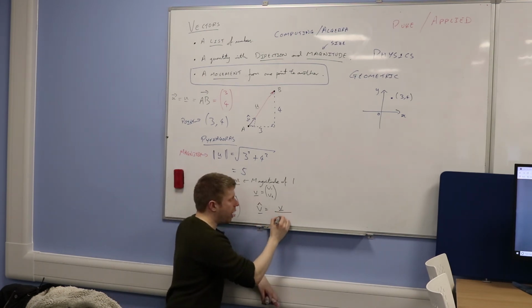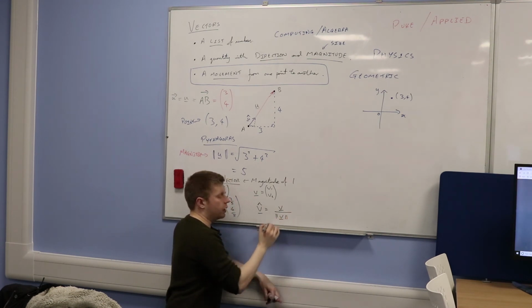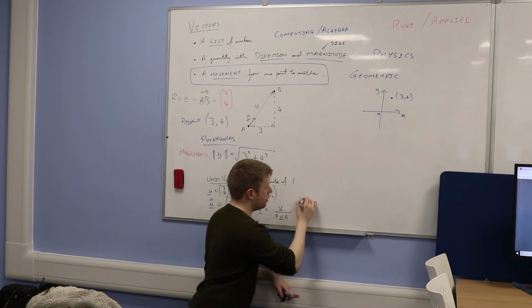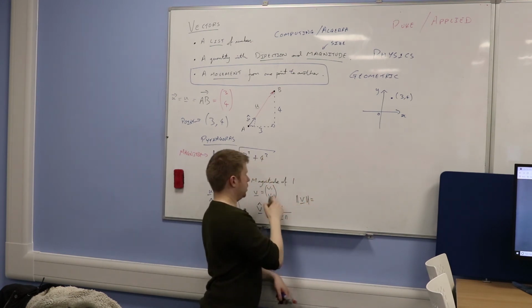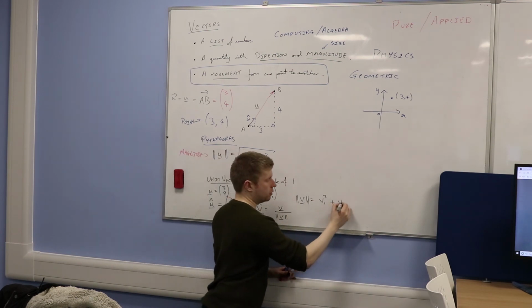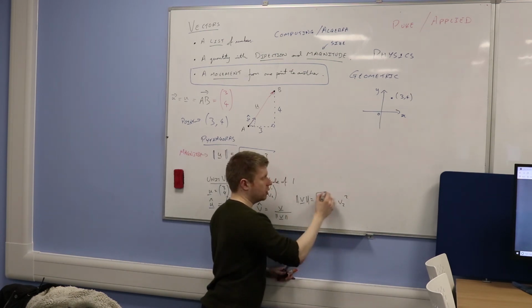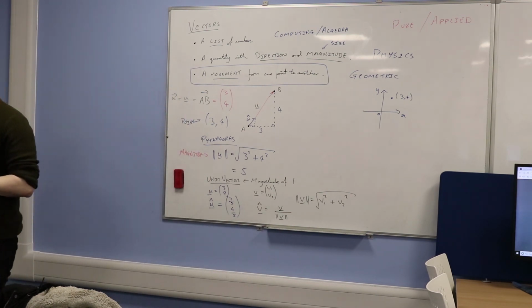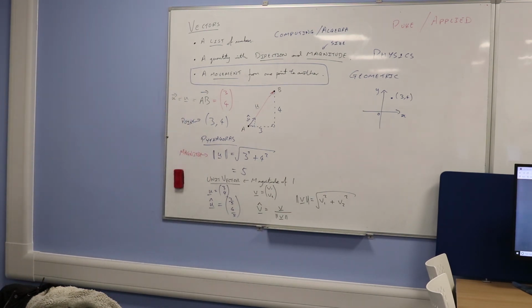So I'm going to divide all of that by the magnitude of v. Is that okay? Where the magnitude is simply given by that thing squared plus that thing squared. So each of the component directions squared, square rooted. Is that okay? Is that okay with everyone? Okay, fine.